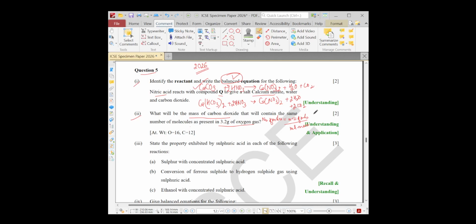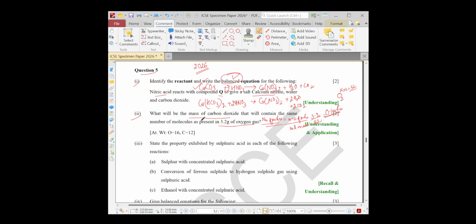Here 3.2 is the mass of substance. The molecular mass of oxygen, O is 16, and this is O2, so 16 into 2 is 32. So the number of moles will be 0.1.